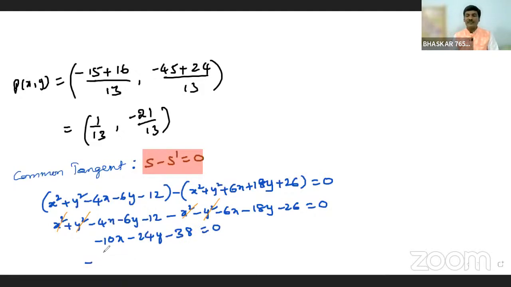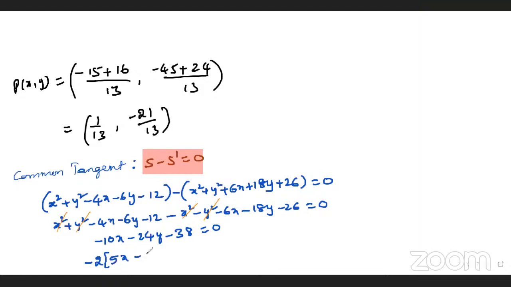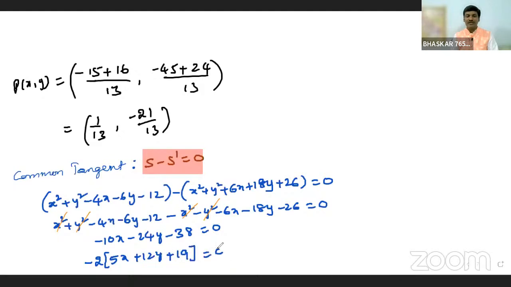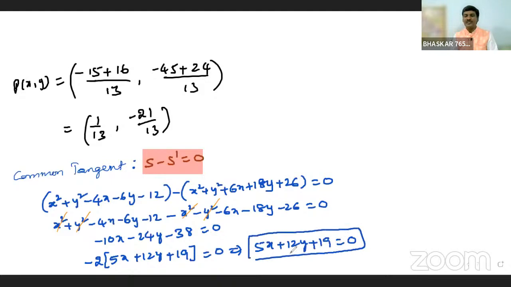So 5x plus 12y plus 19 is equal to 0, since dividing by minus 2 leaves 0. So this is the required common tangent.